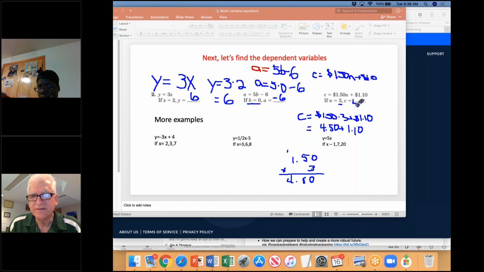Correct. So your answer is $5.60. So going back to this equation, C equals $1.50 N plus $1.10, when N equals 3, then C equals $5.60.